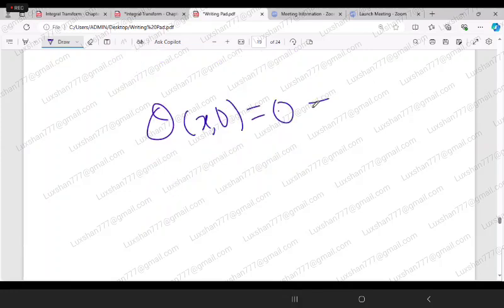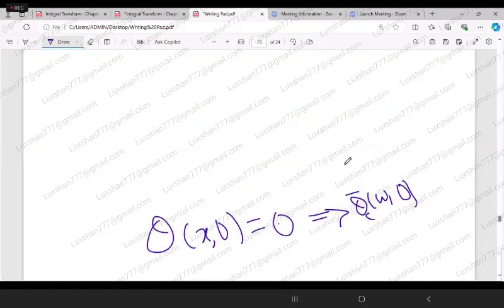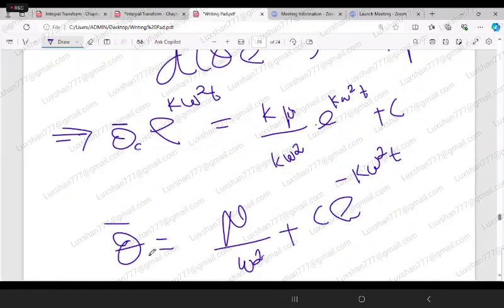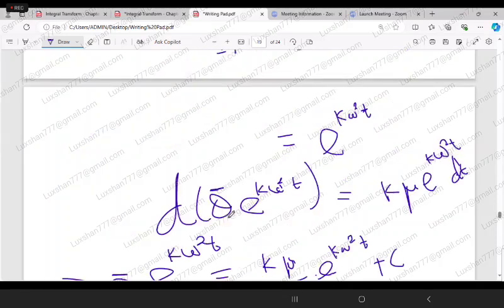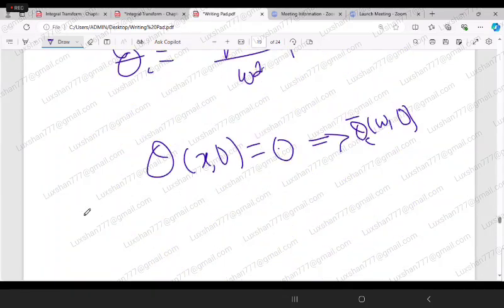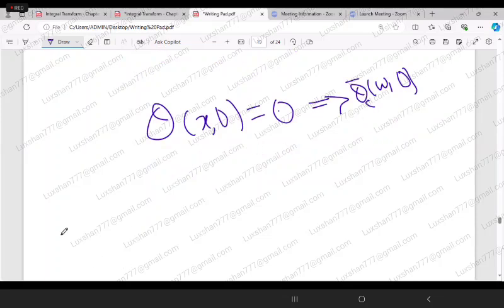Therefore, using this one, we want to find θ̄(ω, 0). So for this one, we have to take the Fourier cosine transform.